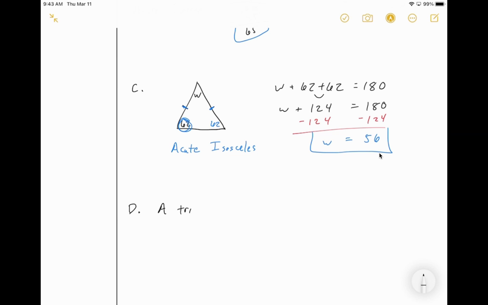So let's just say a triangle has angles measuring, let's say 108 degrees and 26 degrees.